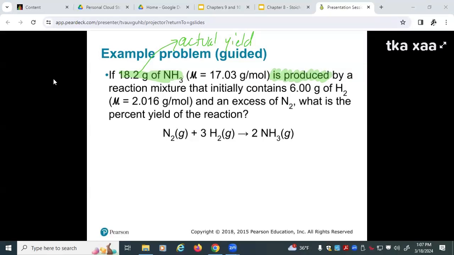The other key piece of information here has to do with the 6 grams of hydrogen and the excess of nitrogen. Now we can see hydrogen and nitrogen, those are my reactants.